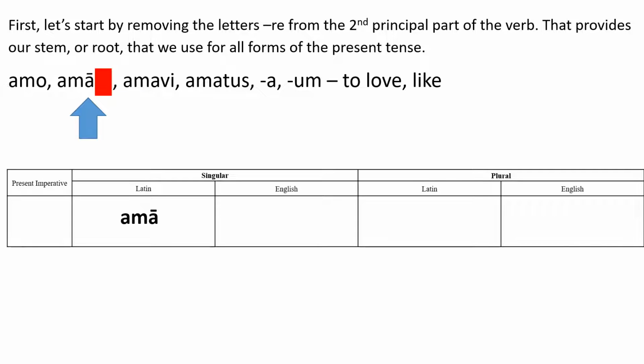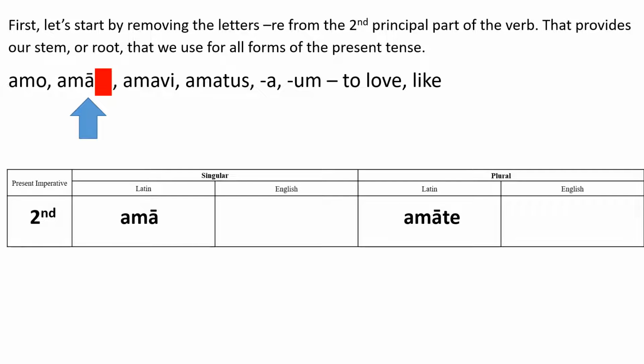That goes in the Latin here, and it goes in the Latin here. Now, we are done for the singular. We don't have to add anything else in the singular. In the plural, we just add te, and we get amate.